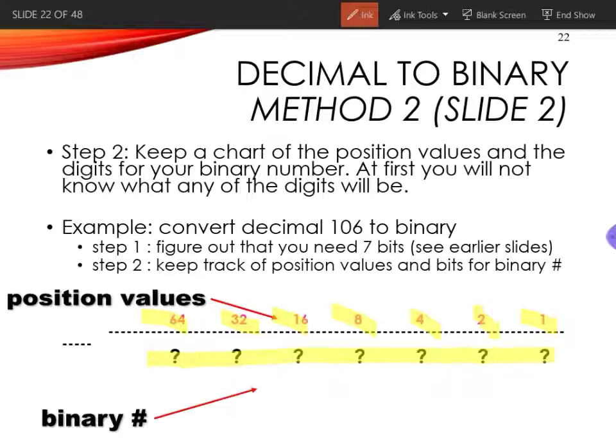So 2 to the power 0 is the least significant bit on the right, and 2 to the power 6, which is 64, is the most significant bit on the left.